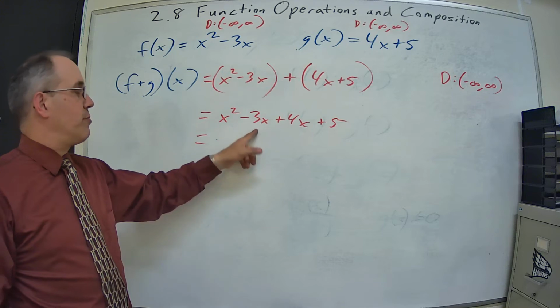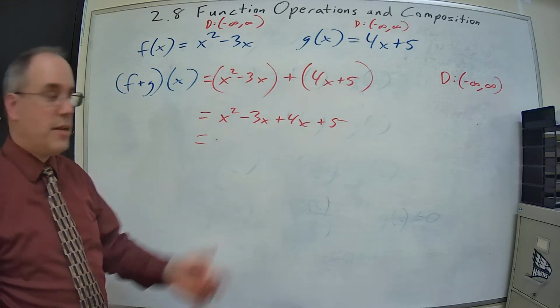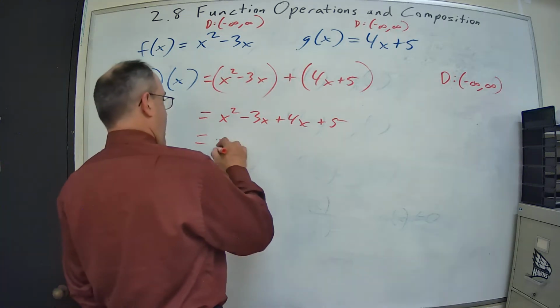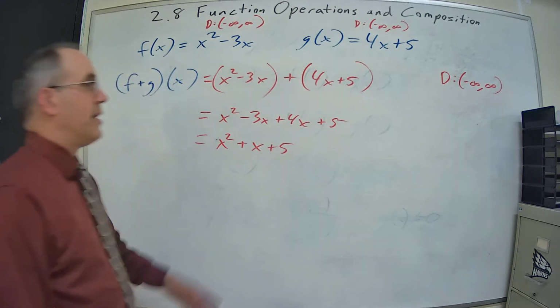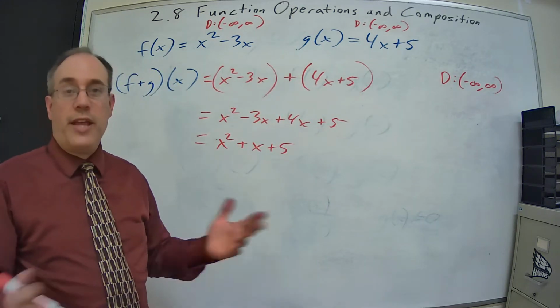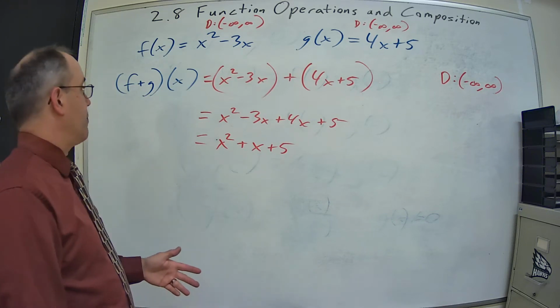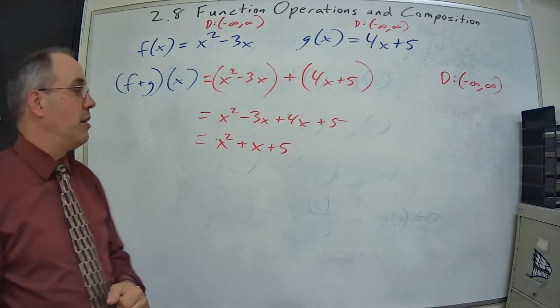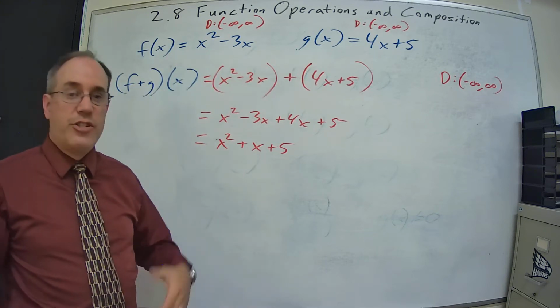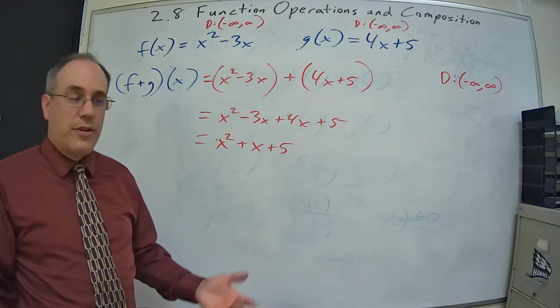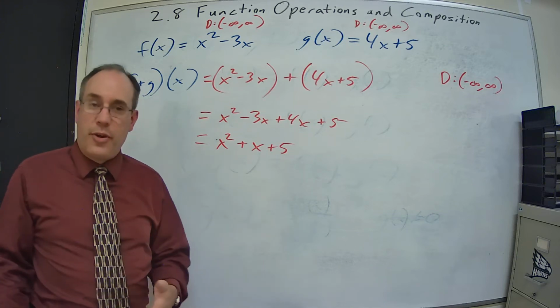Combine like terms, minus 3x plus 4x gives us x. Then we get x squared plus x plus 5. And again, we already said the domain is from negative infinity to positive infinity. So that's all we do, and you've done this before. Like I said, that's just adding polynomials, just adding algebraic expressions.